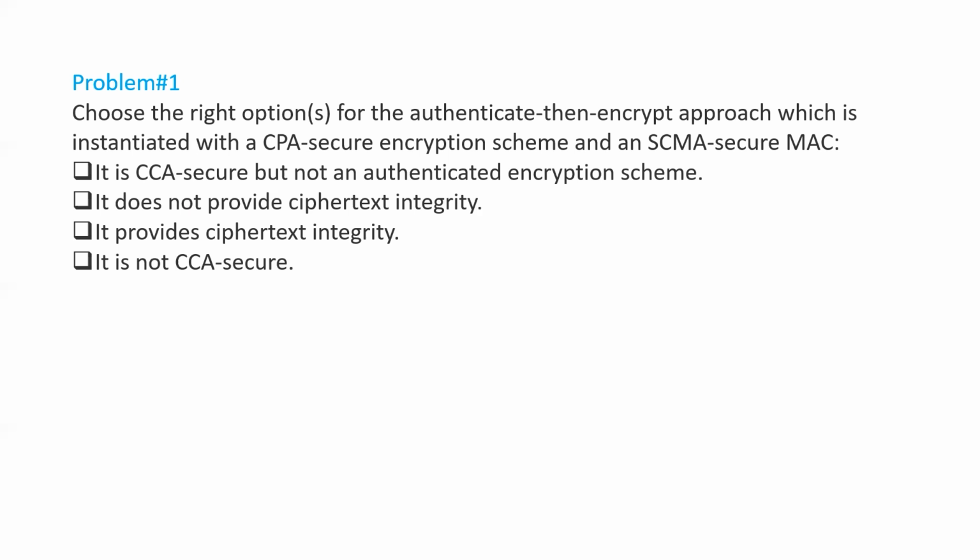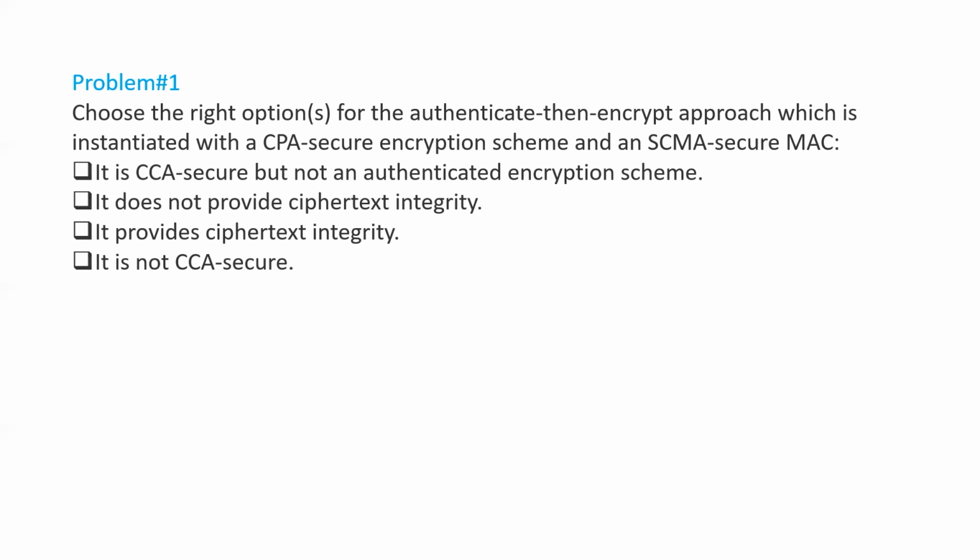Now, if you are doing authenticate-then-encrypt, and the final encryption scheme used is CPA secure but not CCA secure, then you can easily recover the whole message-tag pair. The scheme comes down to the message concatenated with the tag, which is recovered.